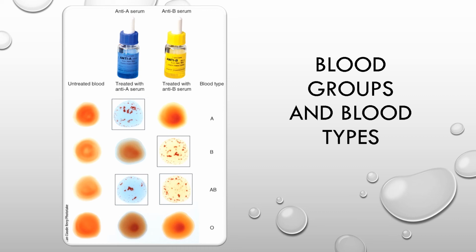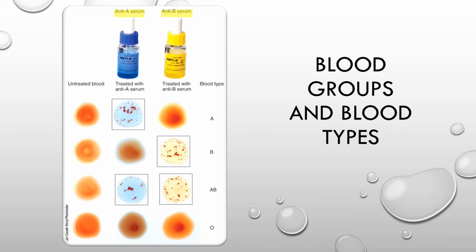Here we have the blue anti-A serum and yellow anti-B serum. Again, anti-A serum will be a solution containing anti-A antibodies, and the anti-B serum will be a solution containing anti-B antibodies.